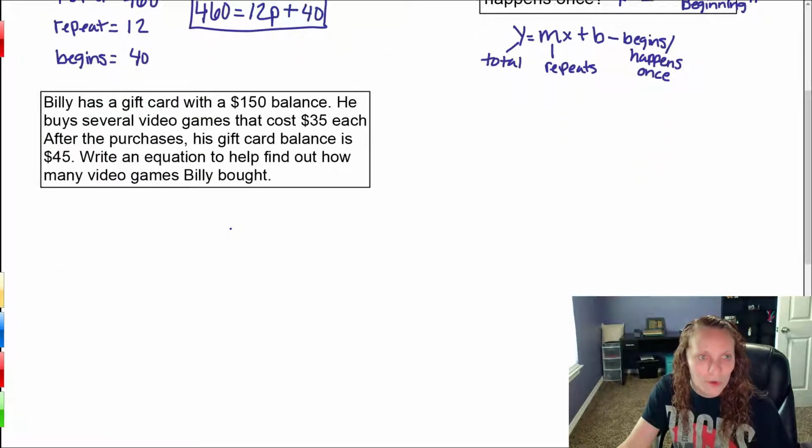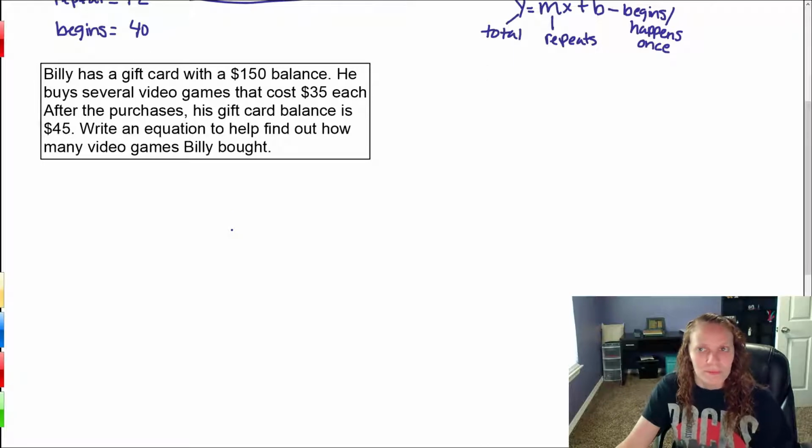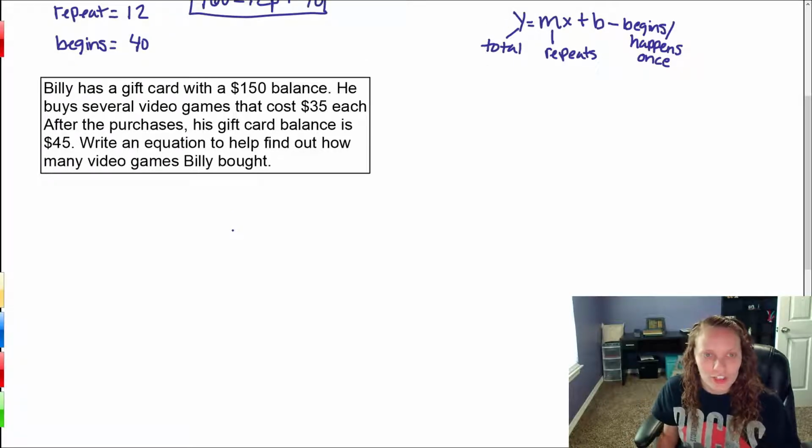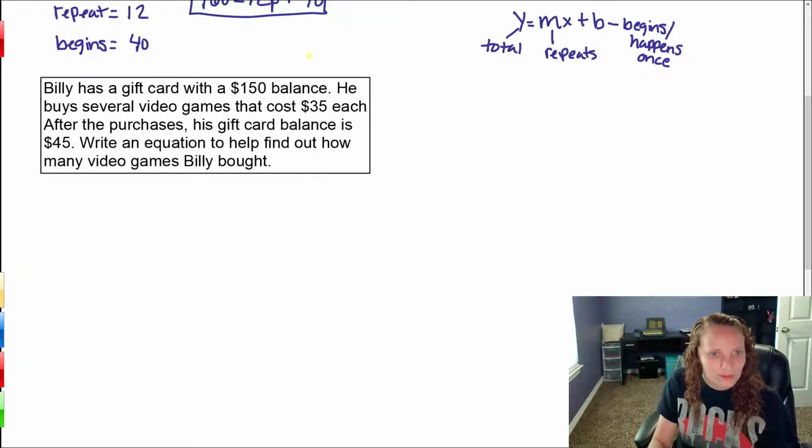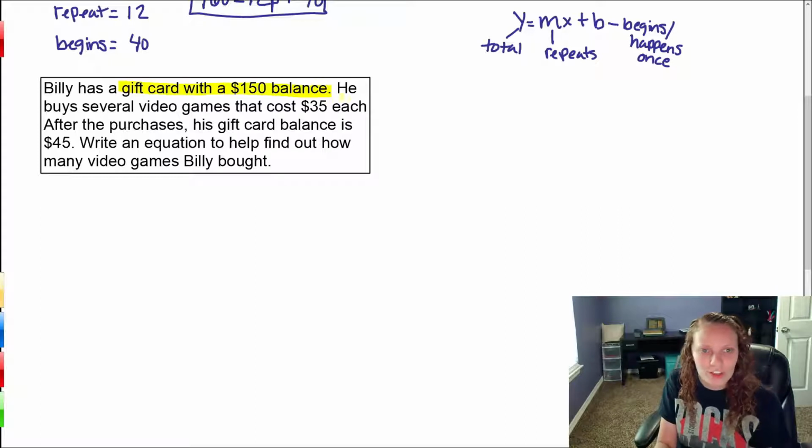Let's try one more. Billy has a gift card with a $150 balance. So his gift card is starting off with $150. He buys several video games that cost $35 each.